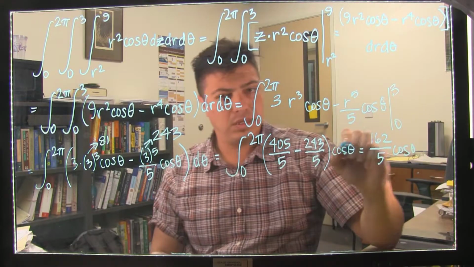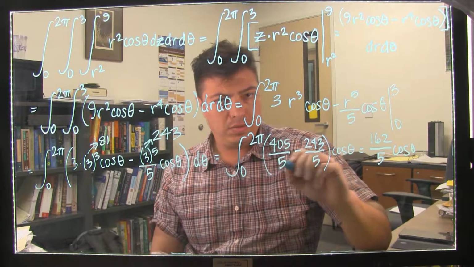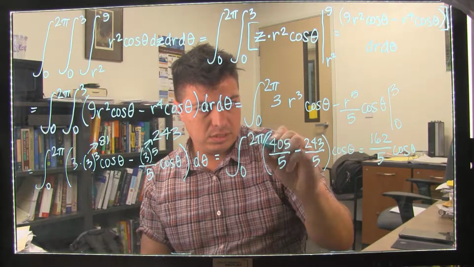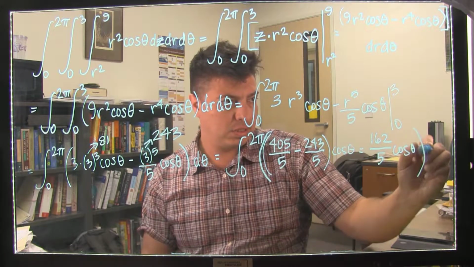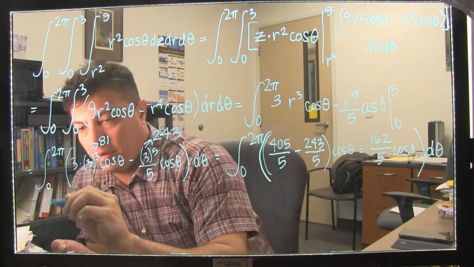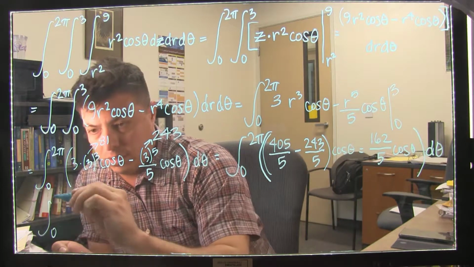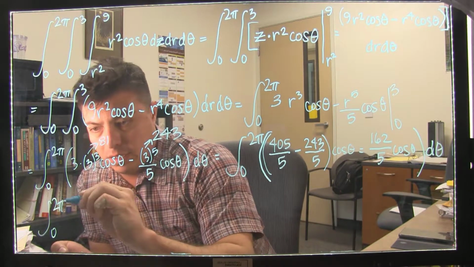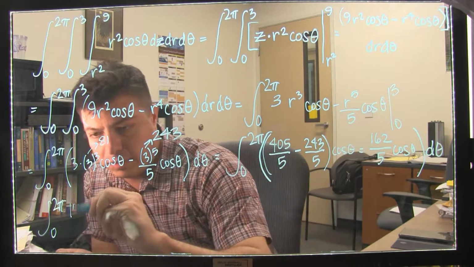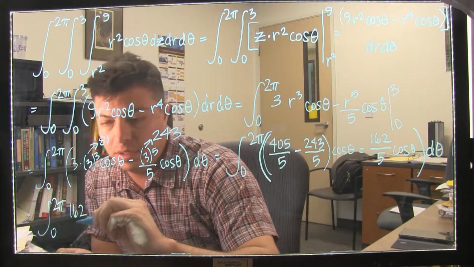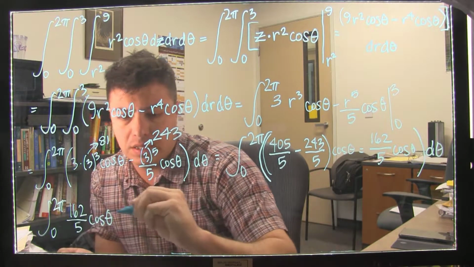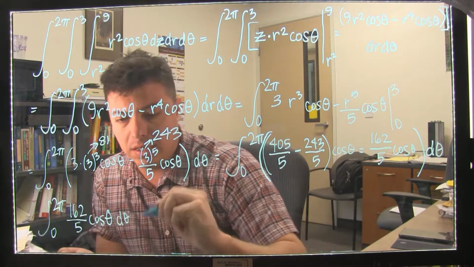Okay, so we're going to do this. An extra set of brackets in there. There, now it's still legal. Okay, one last step, and hopefully finish on this line. From 0 to 2 pi, integrate 162 fifths cosine theta with respect to theta.